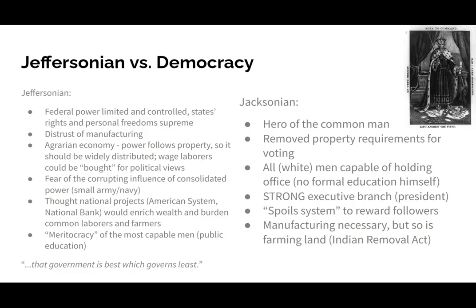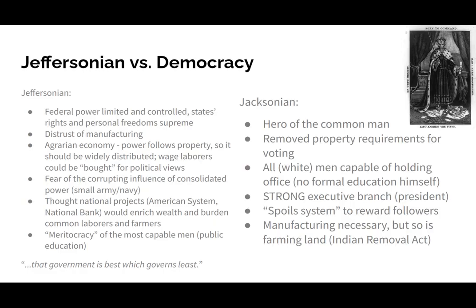He also believed strongly in a meritocracy of capable men. He did not think that every man was suited to rule. Consider that Jefferson was a highly educated man himself. He believed that the most capable men would rise to the top to be the ruling class. So a sort of meritocracy.